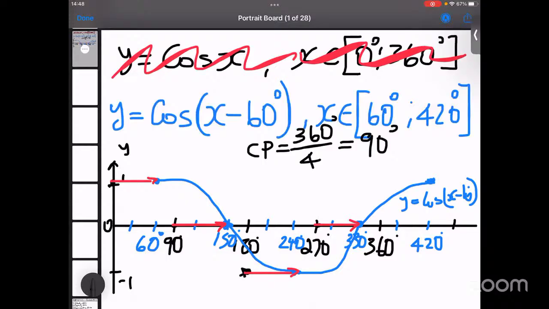If it didn't shift, we would know that from 0 degrees, we just keep finding the next critical point by adding 90. But with the one that has shifted, it no longer starts from 0. Starting from the point where it shifted, you add that critical value, and that's how it will jump to take you to the other important points.